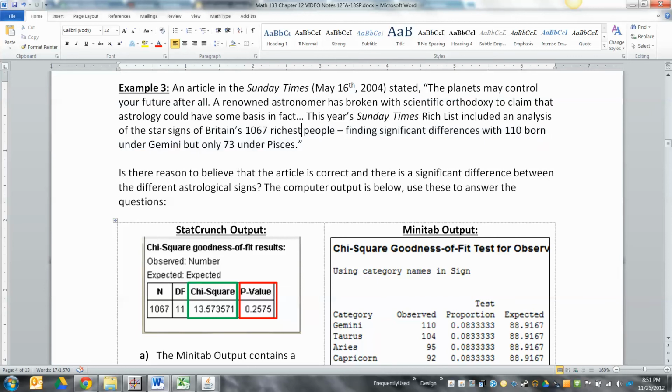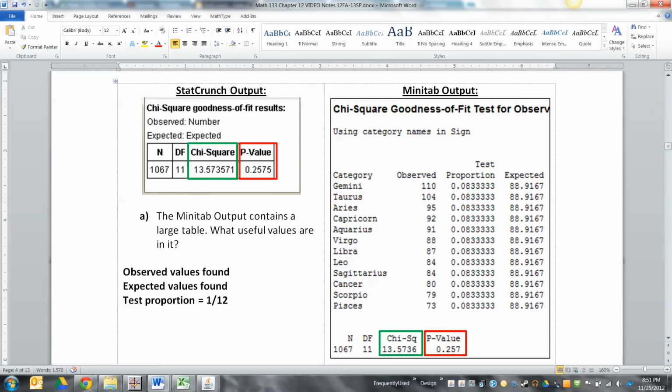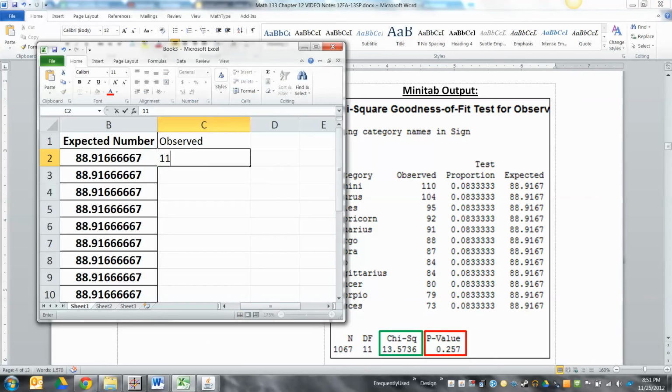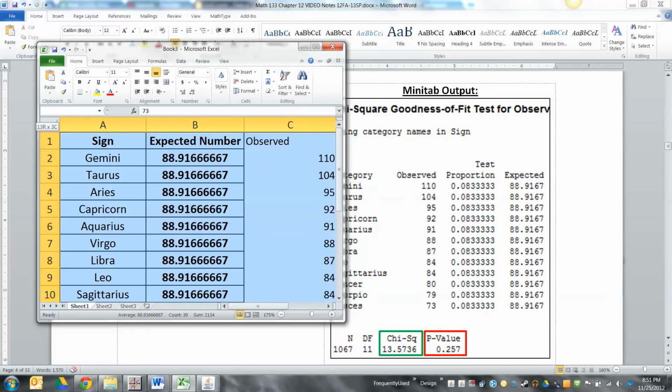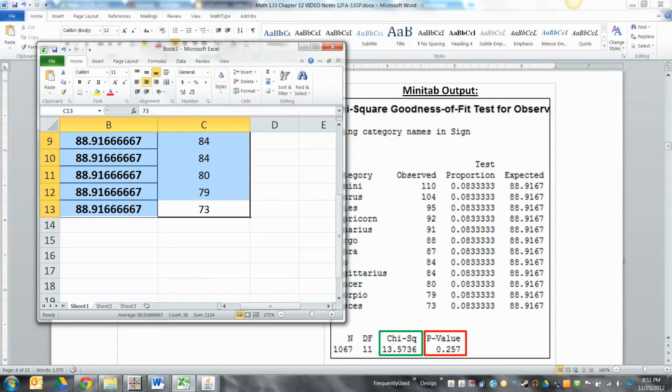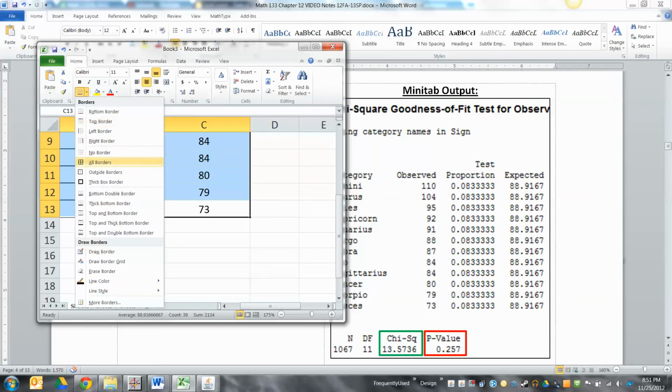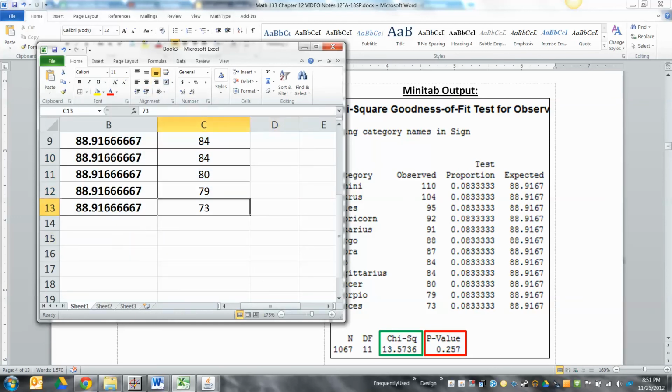And so you can see more of them are Geminis than Pisces. Only 73 of them were Pisces, 110 of them were Geminis, and so on. So I'm going to type those numbers in. So 110, 104. Okay, there we go. So this is what we actually observed in real life. I'm going to put this all in a border and everything's going to be great.